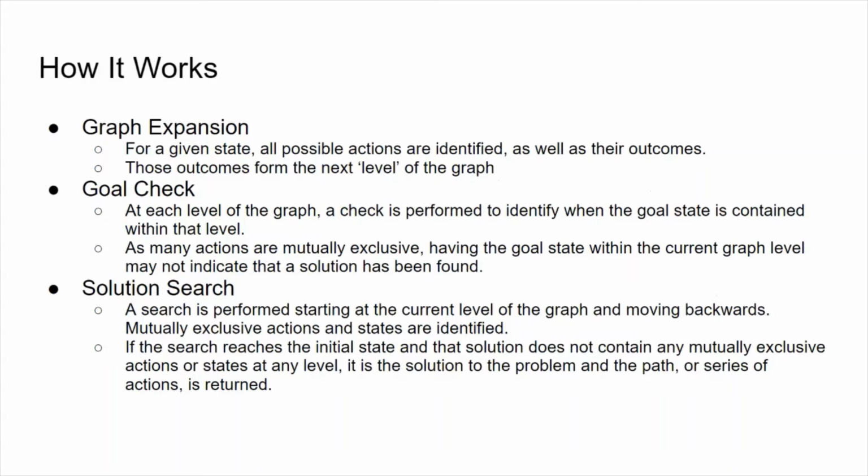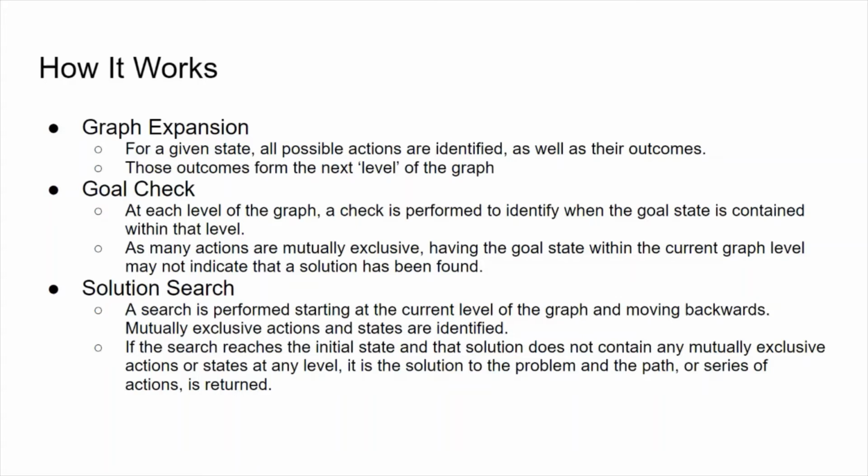Perfect. So just like Devon was talking about, the algorithm can be broken into essentially these three different steps. Initially we have the graph expansion. From your initial state and any state at any level of the graph, you take all of the possible actions at that point and add them to the graph, as well as their outcomes.